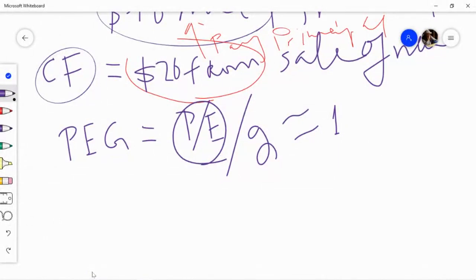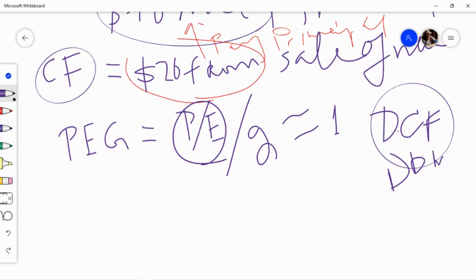Prior to the 1950s, they didn't have the discounted cash flow model. The dividend discount model is a subcategory of the discounted cash flow model.